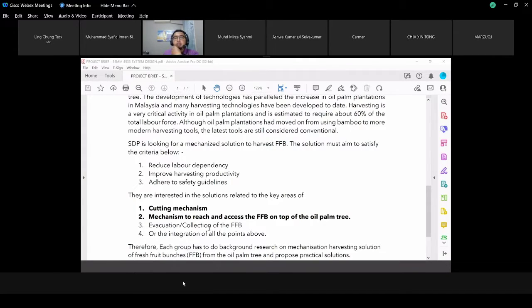To make this fully mechanized, you need to open up your research background and market search. Do not only focus on palm oil plantations; you need to look at other applications, because basically you want to collect items.